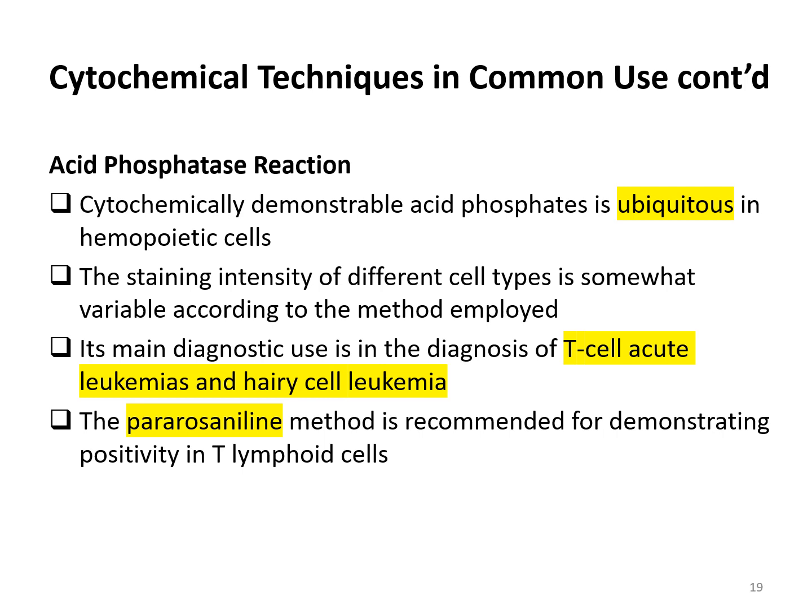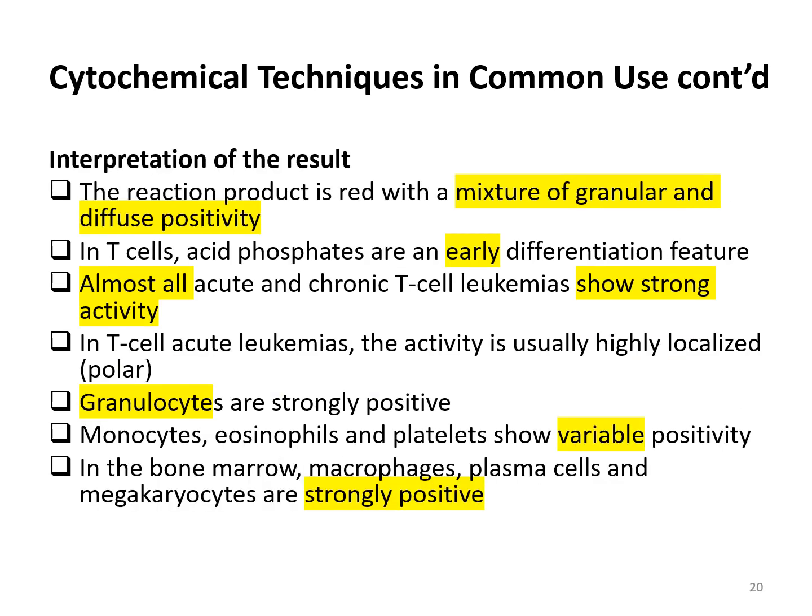There is what we call the para-rosanilin method. This is a dye that is usually colorless, but it can be used to demonstrate the presence of this enzyme in the lymphoid cells. What do we expect to see? There will be a mixture of red granules with diffuse positivity.